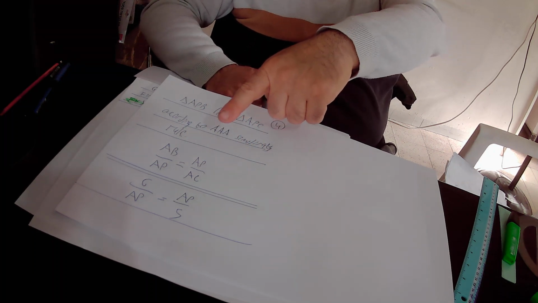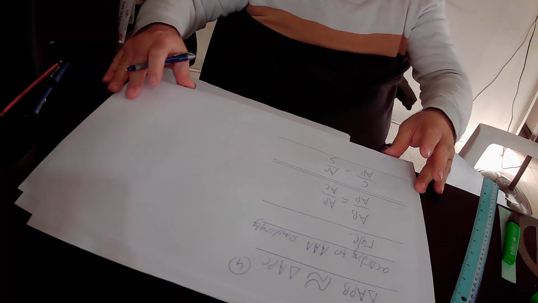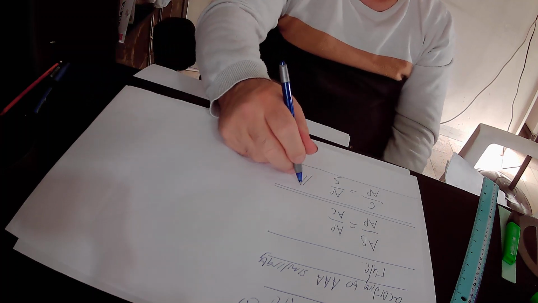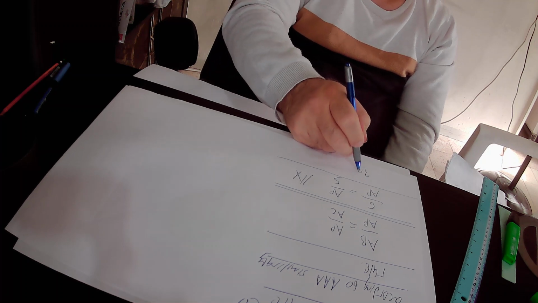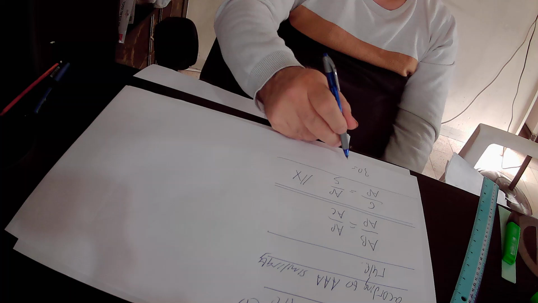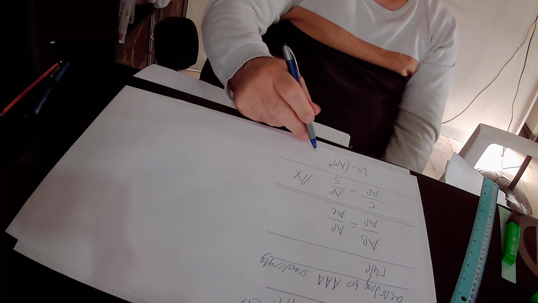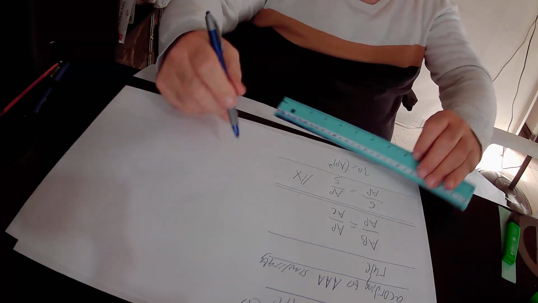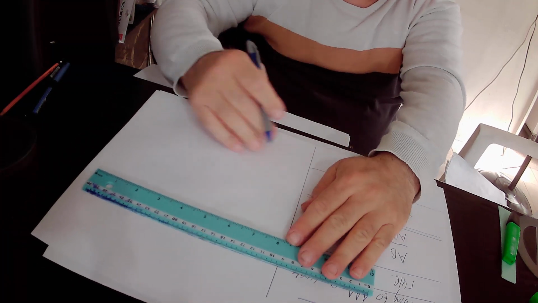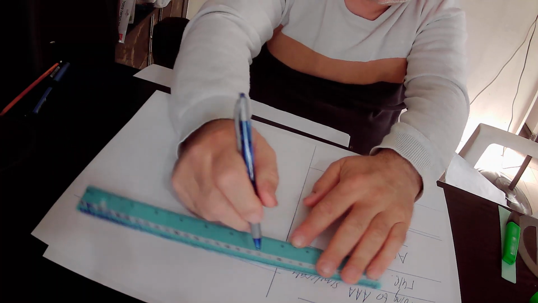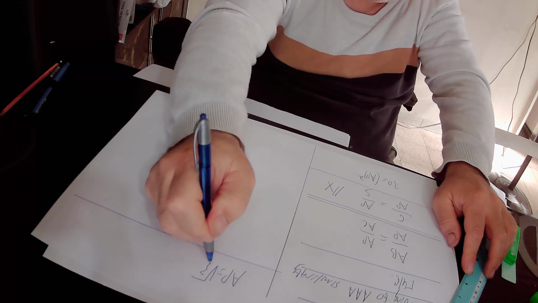Here we cross multiply this equation. And we get that 5 times 6 is 30 equals AP times AP, that is AP squared. So AP squared equals 30, we take a root of this equation. And finally, we get that the missing side AP equals the square root of 30 units in length.